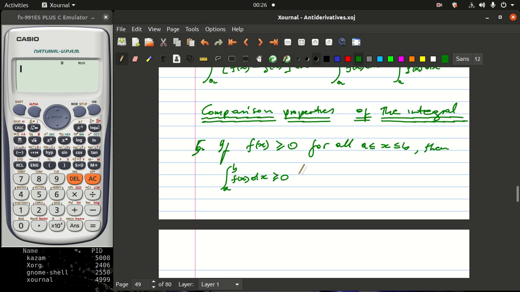That is actually common sense, because this is saying the function is always above the x-axis. So if you have something like this, where the function is always above the x-axis or 0, going like that, you can see that we will have a positive area there, whether we like it or not. That is what this one is saying.